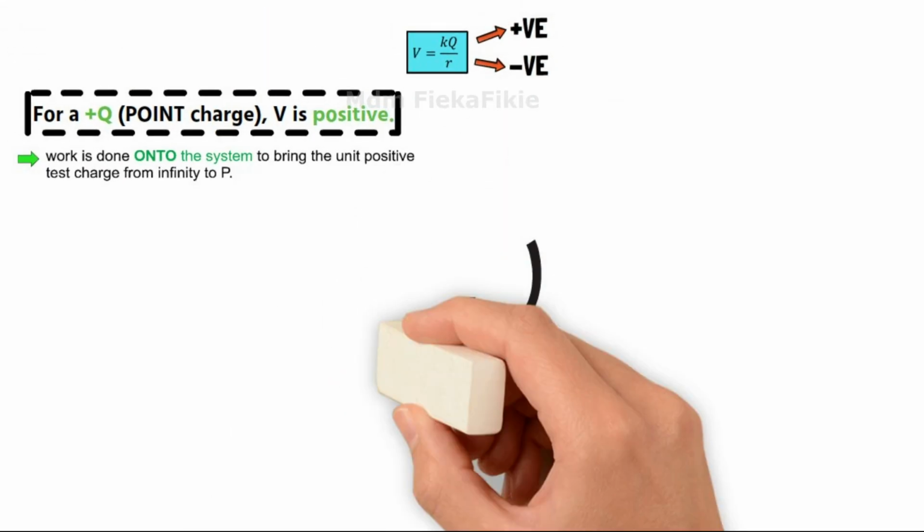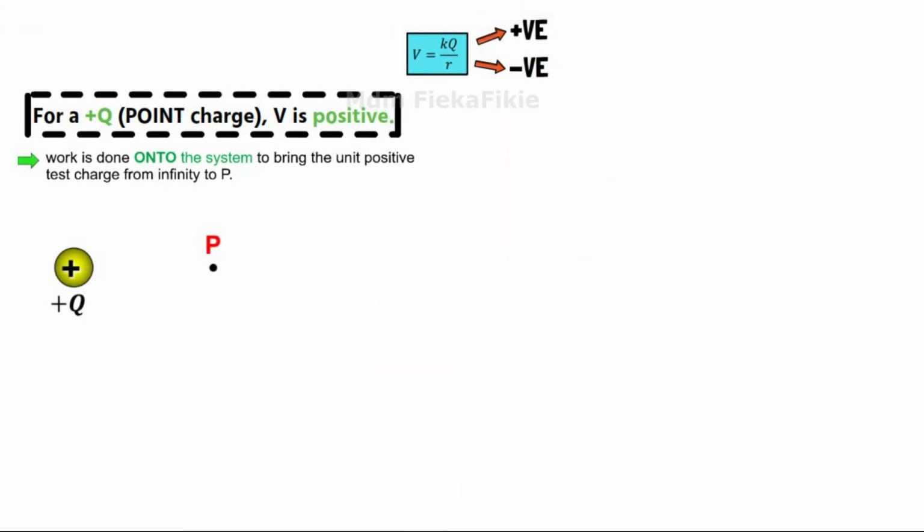Jom kita lihat diagram yang diberikan di sini. Let's say we have a point charge positive Q as shown in the figure. And then here we have a point P. Let's say I have a positive test charge which is small q here. Ingat ya, bila kita ada dua charge yang sama, positive and positive, means that the test charge small q tadi akan repel to the right.